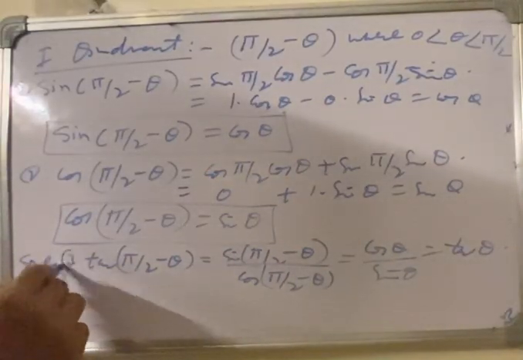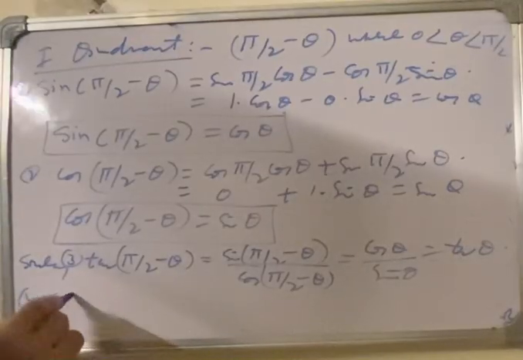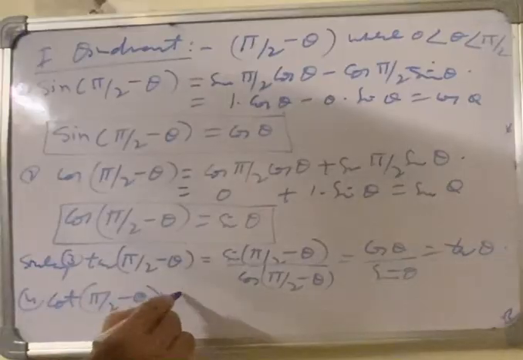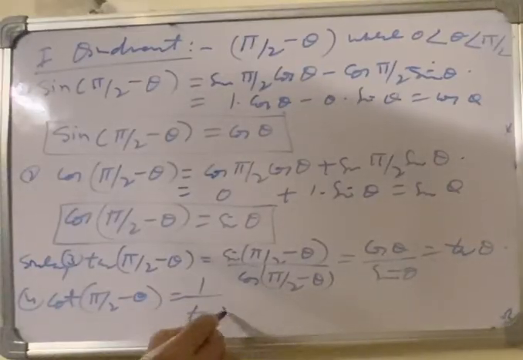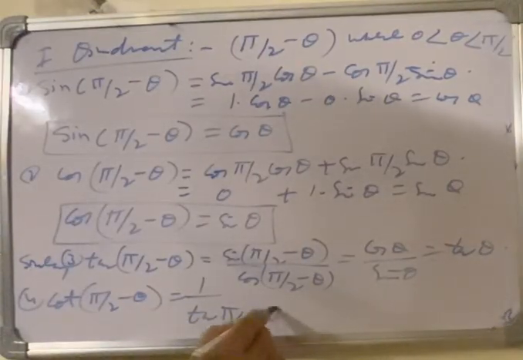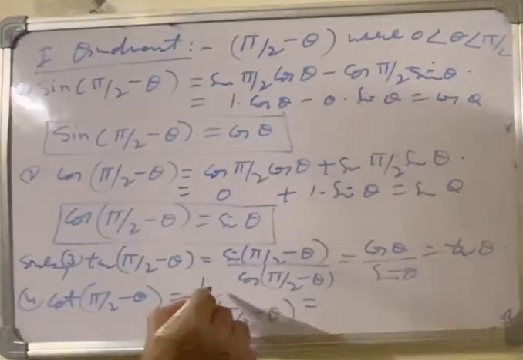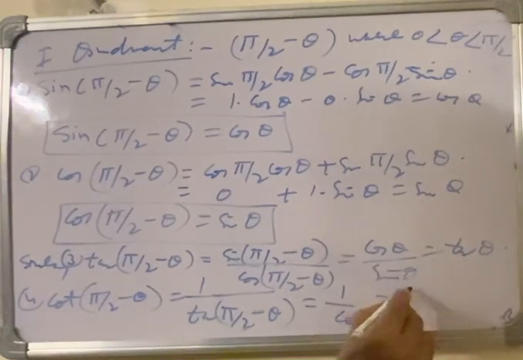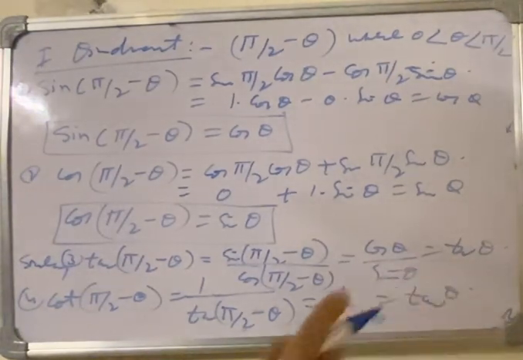Then this is third. Fourth is cot of pi by 2 minus theta, which is 1 over tan of pi by 2 minus theta, is equal to 1 over cot theta, is equal to tan theta.